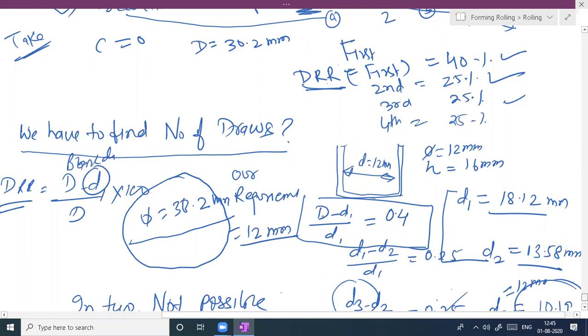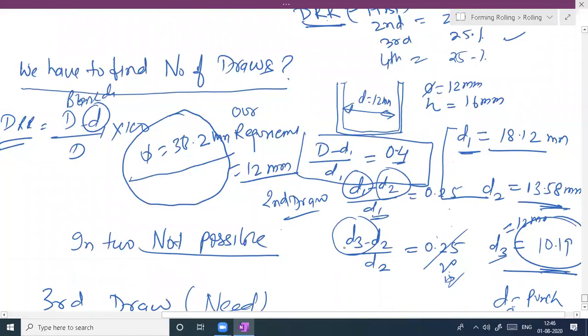So (D minus D1) by D is 0.4. Similarly for the second draw, D1 minus D2, because this D1 will now be the blank for the second draw, and D2 is the cup diameter. So D2 is 13.8. Similarly for the third draw.